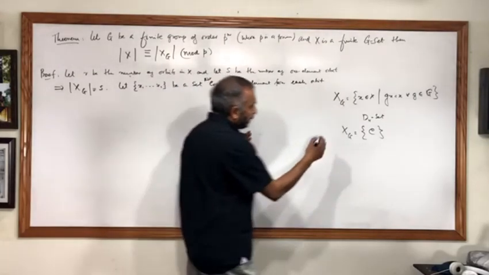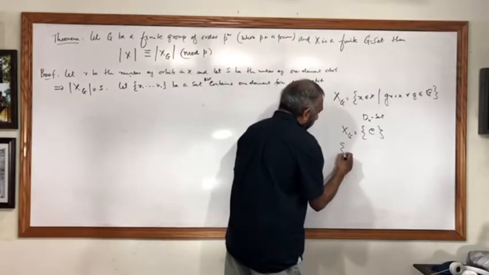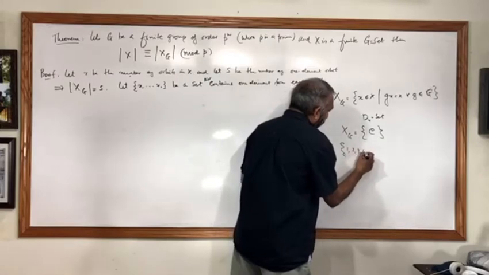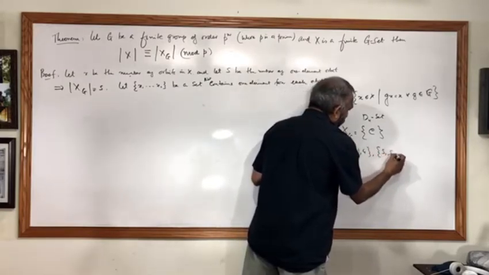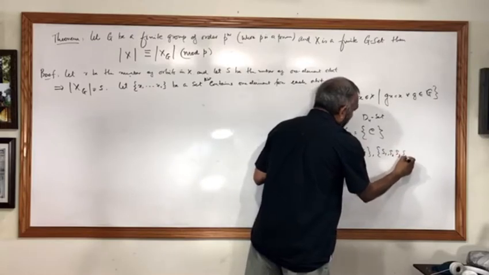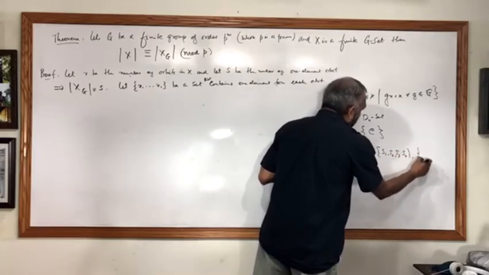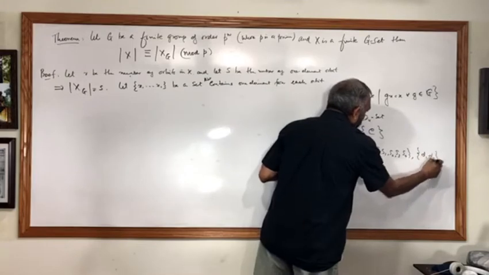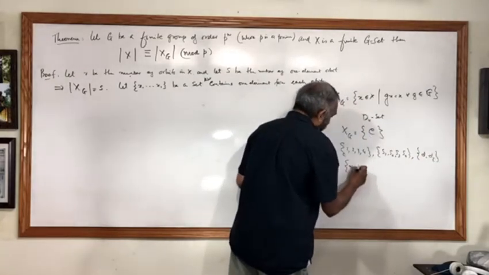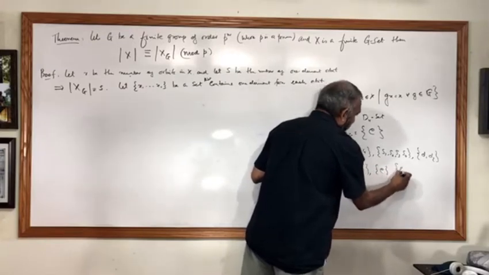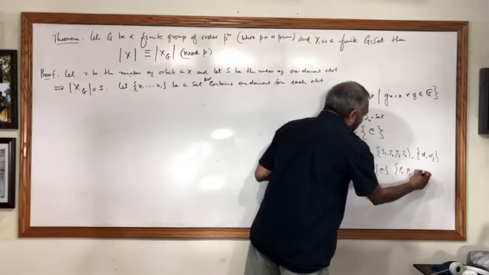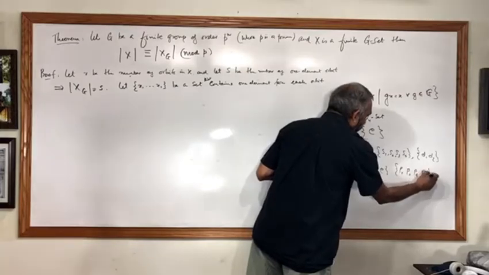For example, here the orbits are S1, S2, S3, S4, D1, D2, M1, M2, C, P1, P2, P3 and P4.